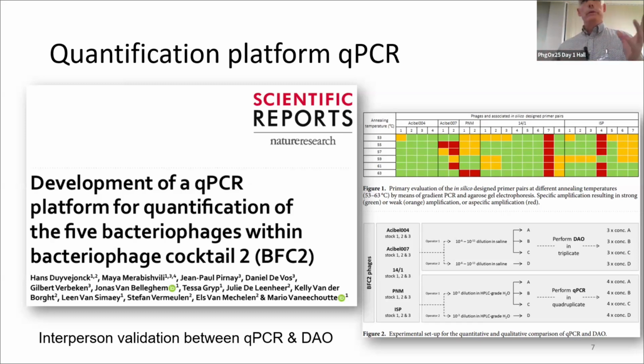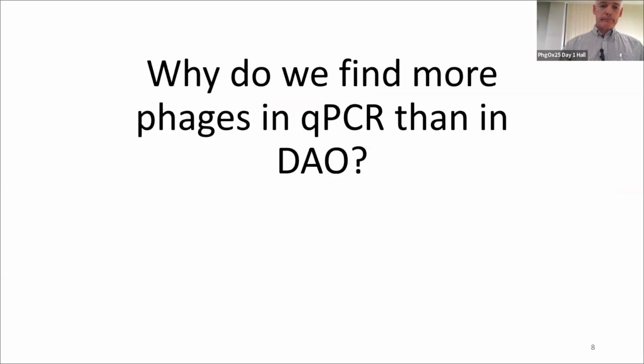However, there was a discrepancy if you looked at the qPCR results and the DAO results. You always had more phages with qPCR than with double agar overlay, and it depended on the type of phages. So some phages gave a huge surplus, and others gave less.